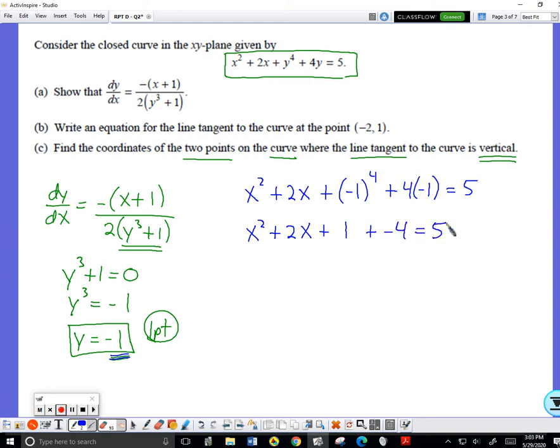This is a quadratic, so to solve the quadratic, I'm going to group all terms on the left. So I'm going to move the 5. It will become negative. And now I'm going to factor. Oops.